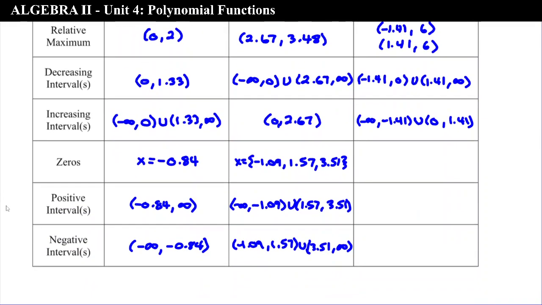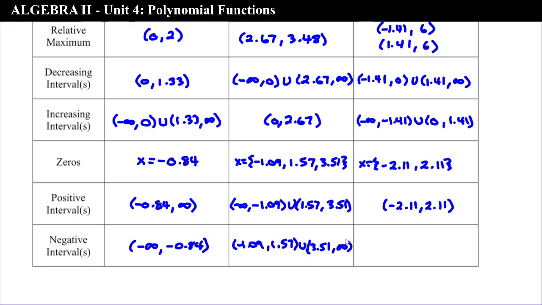And then we have two zeros. Our two zeros are located at x equals negative 2.11 and 2.11. And so we have a positive interval from negative 2.11 to 2.11.